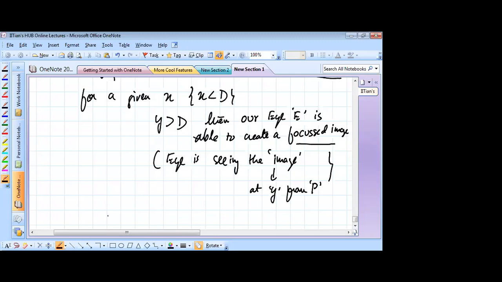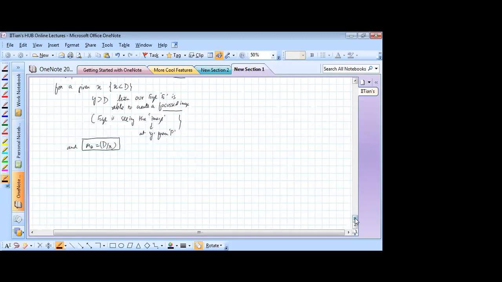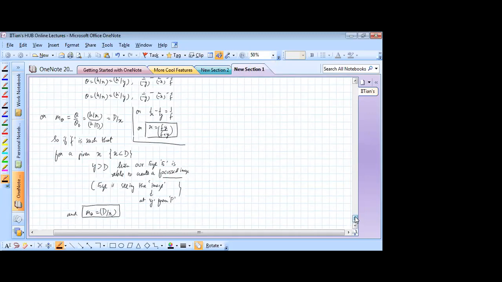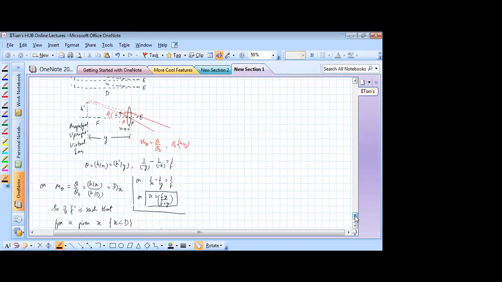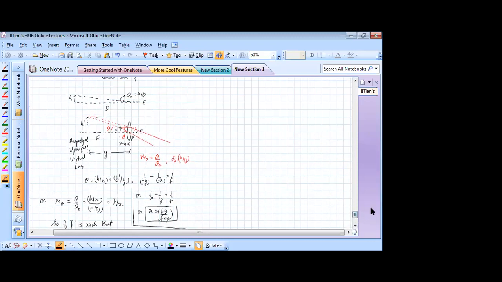And we'll be able to achieve an angular magnification which is d by x. Now we'll see different cases for this and the range of magnification that we can achieve using a given lens. But first, make sure you understand the concept of angular magnification itself.